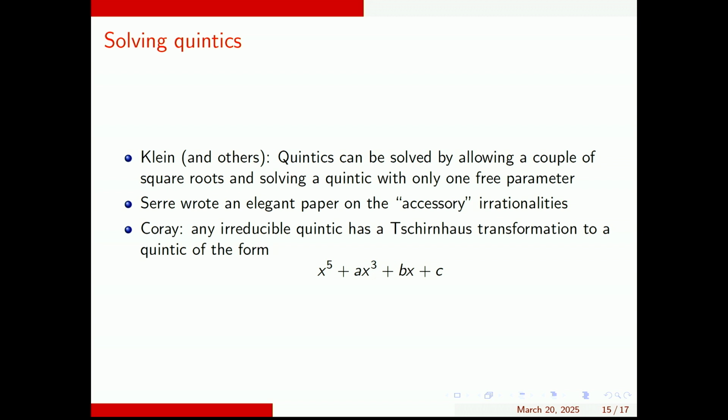You can find several different ways to solve quintics involving taking, well, 2 square roots and then solving a 1-parameter family of quintics. And what were those devices they had in the early 20th century where you could adjust a parameter and solve a cubic?